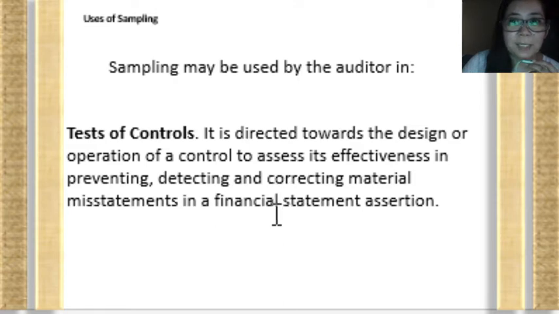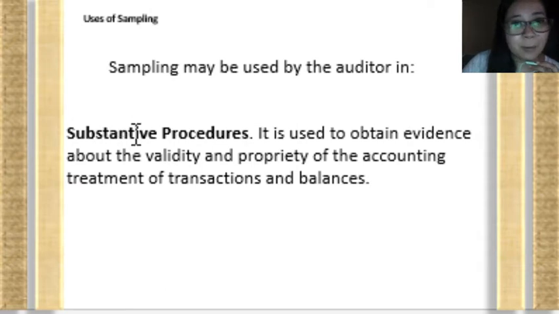In this case, sampling will help the auditor in assessing the operating effectiveness of the internal control of the entity. Sampling may also be used for substantive procedures. In this case, sampling is used to obtain evidence about the validity and propriety of the accounting treatment of the transactions and balances.